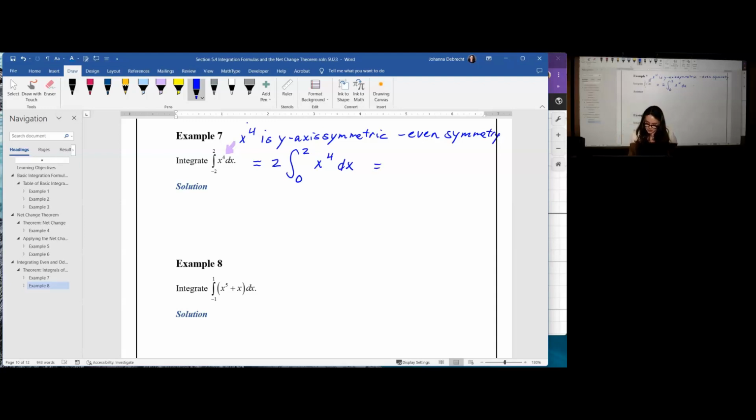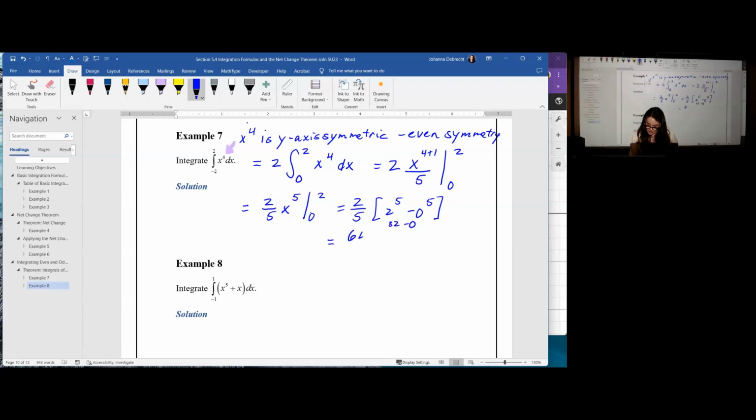In this case, we apply the power rule, increase the power by 1, divide by the new power, and then we evaluate between 0 and 2. I like to factor off the constant and then do my substitution. In this case, I would get 2/5 times 2 to the 5th minus 0 to the 5th, which gives me 32 minus 0.